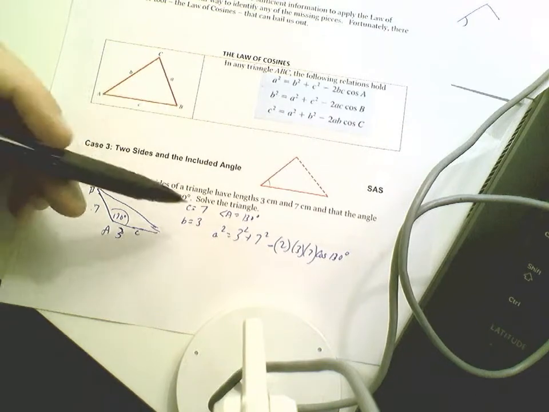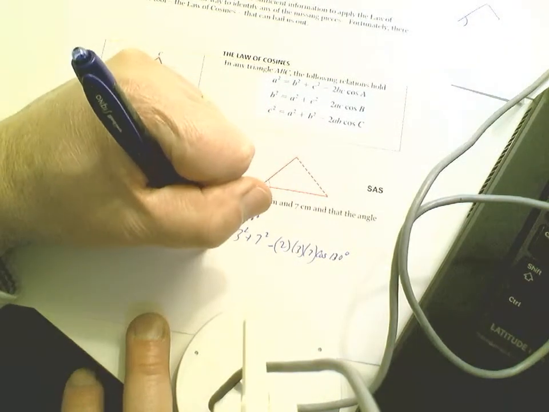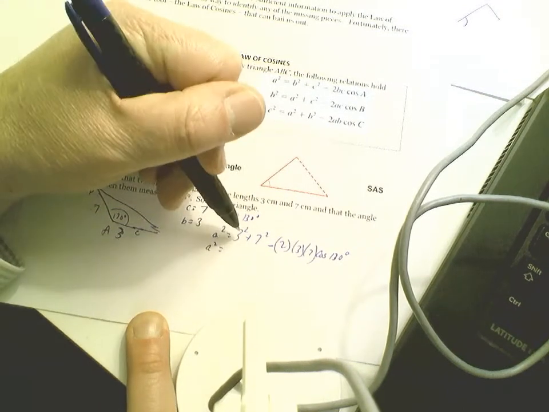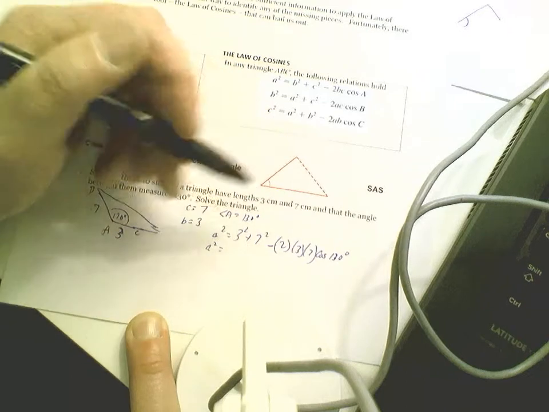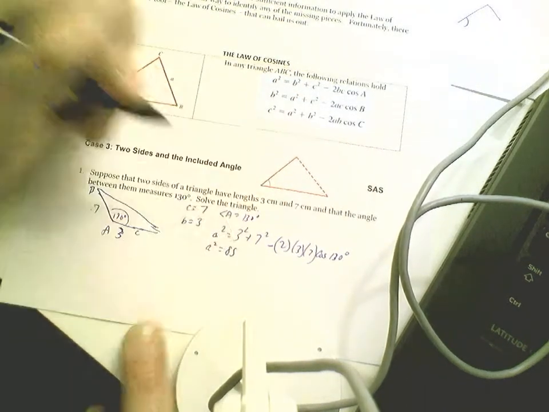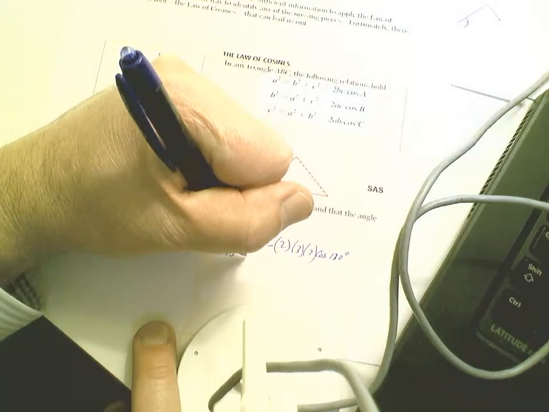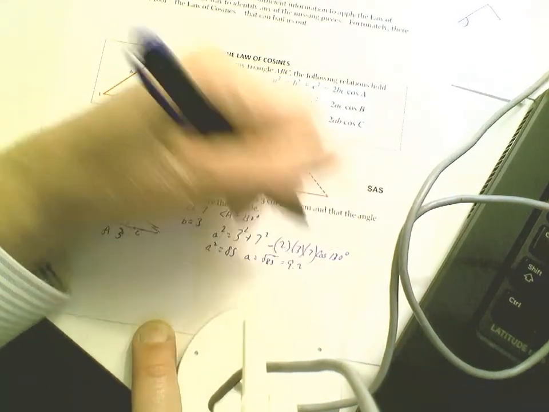Now, if you run this all the way through your calculator, you're going to wind up with a squared equals, and you can do this step by step. Just be careful in your calculator. You're going to come back with a squared equals 84.998. We'll just go ahead and round that to 85, which tells us that a equals the square root of 85, or 9.2.